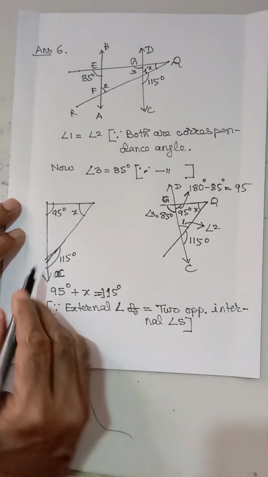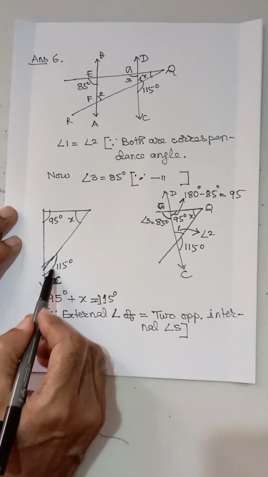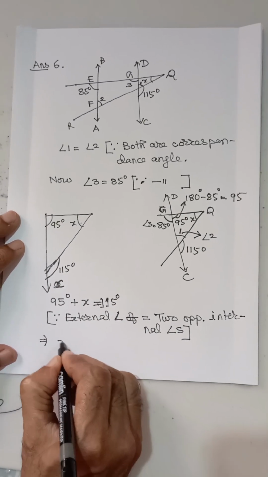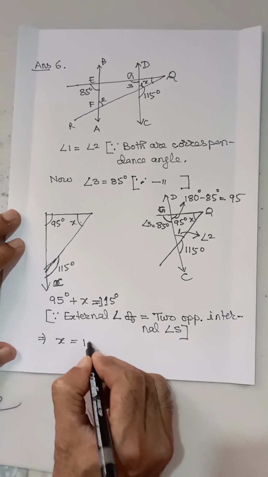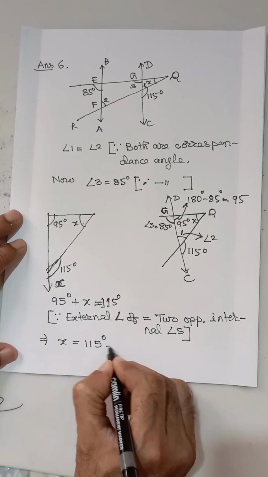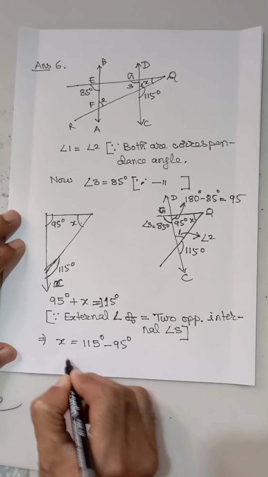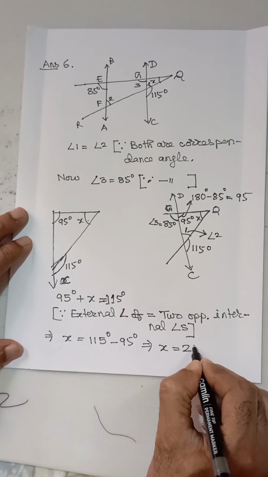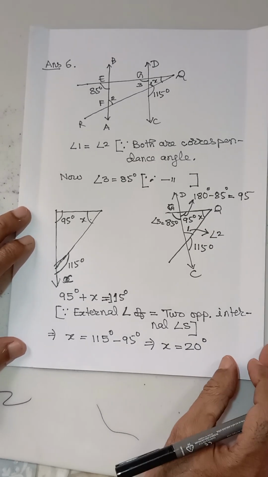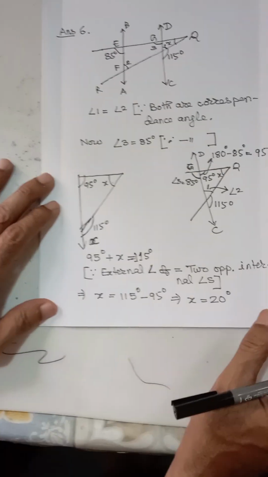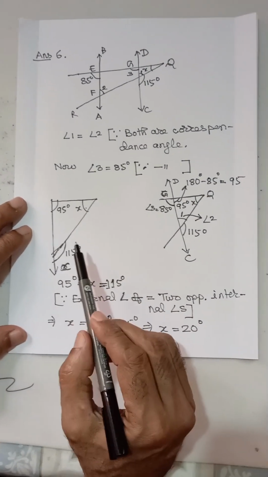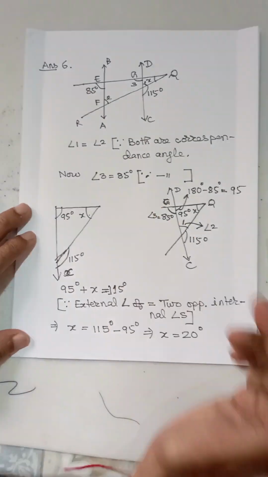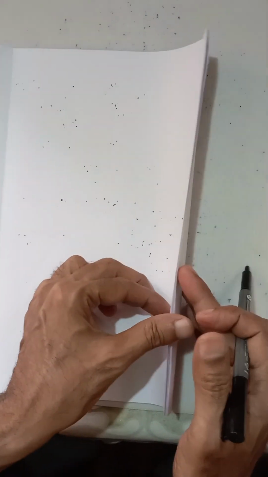This is the property of a triangle, that external angle is equal to the sum of two opposite internal angles. This implies X is equal to 115 degree minus 95 degree, and this implies X is equal to 20 degree. So this is the solution of not question number 3, but this is the solution of question number 6. Come to question number 7.